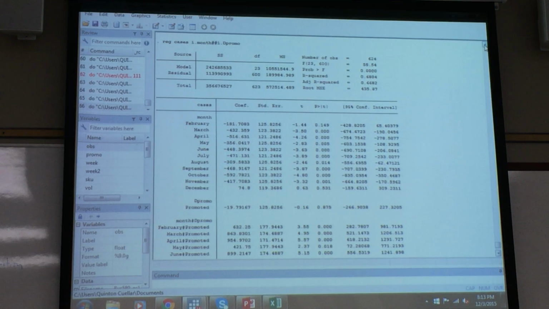And to do that, we can use this shorthand factor variable. So notice i.month is in there, but we've got those two pound signs. And then we have i.promotion.